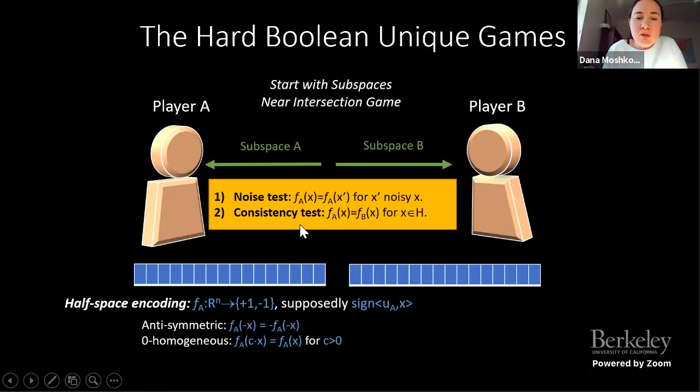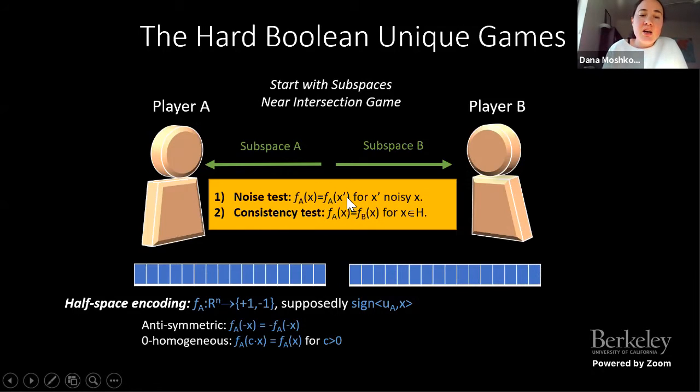The main tests that we're going to do are two. We're going to do a noise test. What's a noise test? What's special about half spaces? Why do we want to encode as half spaces? Half spaces are known to be the solution to the isoperimetric problem in Gaussian space. In the noise test, you take a random, say, Gaussian point in R^n, and then you perturb the point a little: you shift it along a random direction with a small weight, and you ask whether it changed the function or it didn't.